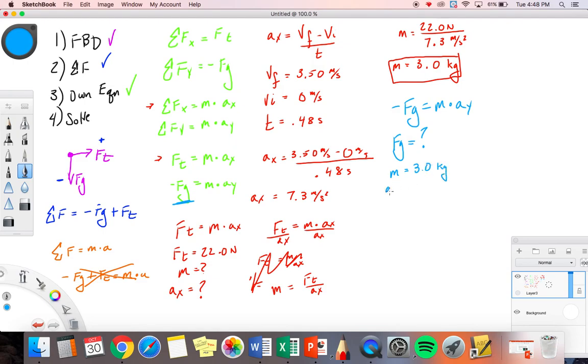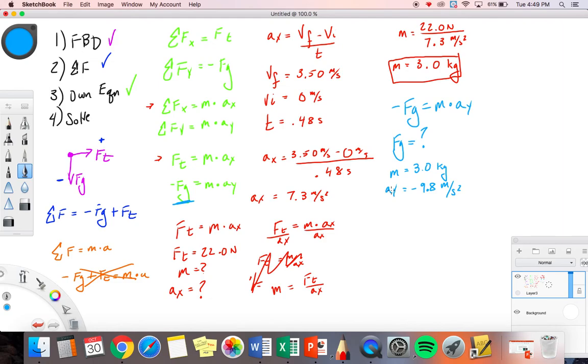And the acceleration in the y, you want to be very, very careful here. This is acceleration in the x, not in the y direction. Acceleration in the y is due to the only force that is in our y direction, which is force of gravity, meaning that the acceleration in the y is my force of gravity's acceleration. And you know the acceleration of gravity as negative 9.8 meters per second squared.